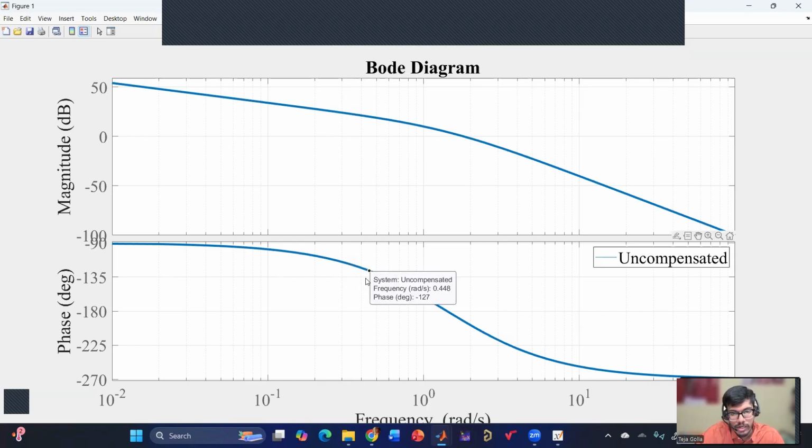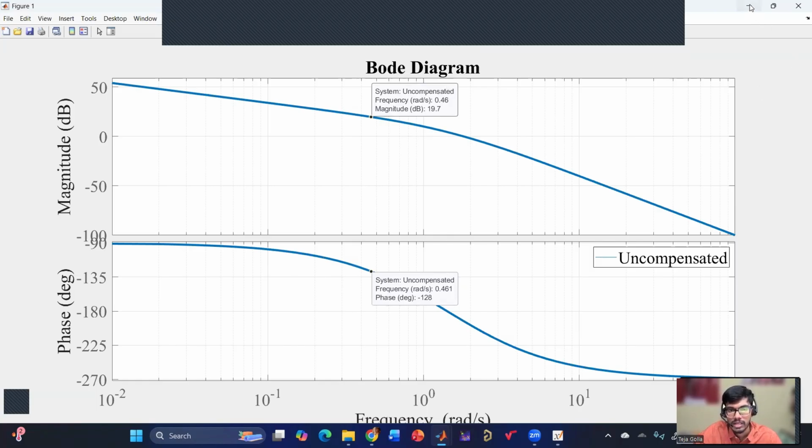So I'll see 128. It is 0.461 is my frequency. At 0.461, 19.7 is the reduction in the gain that I'm going to need.